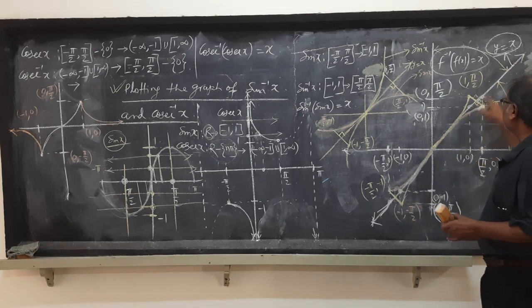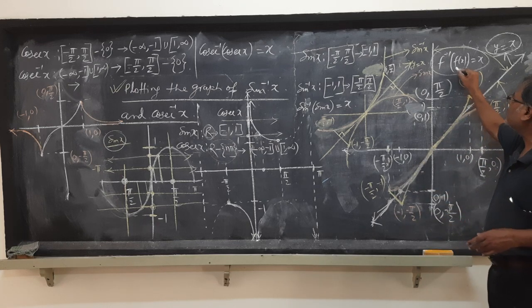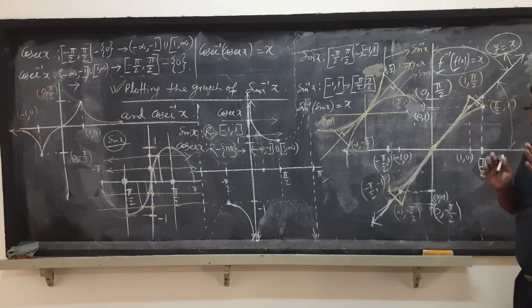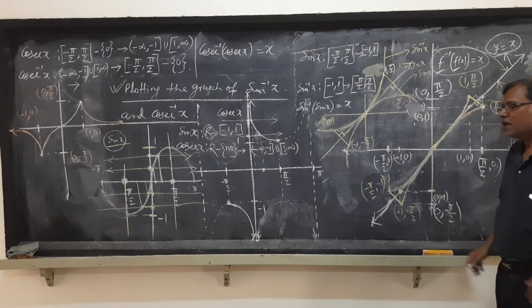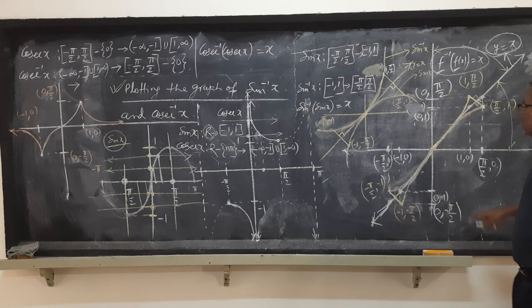What is the use of this y is equal to x? Any function and inverse of that function is always symmetrical about the straight line y is equal to x.